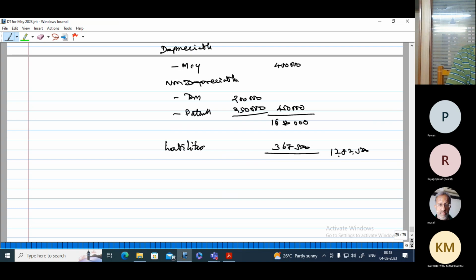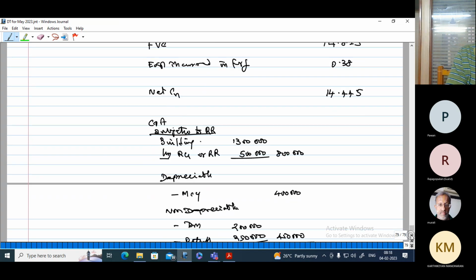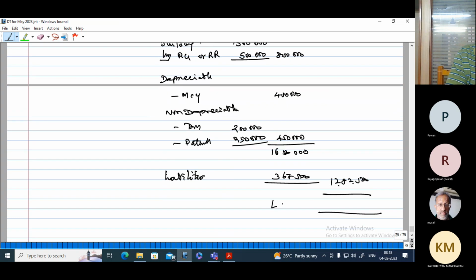From here, I have to deduct 14 lakhs 44,500, so giving room for long-term capital gain as 1,62,000.